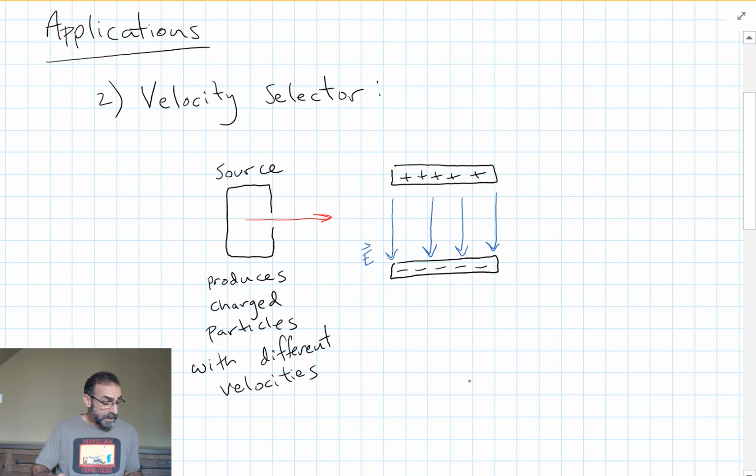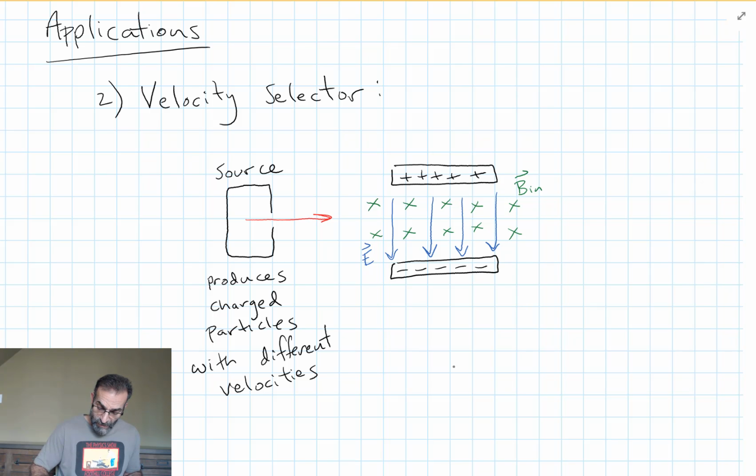We also put a magnetic field into this region of space. I'll make mine into the page. A positively charged particle moving through this magnetic field would feel a force toward the top of the page.